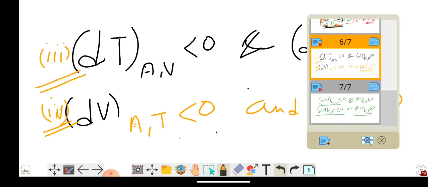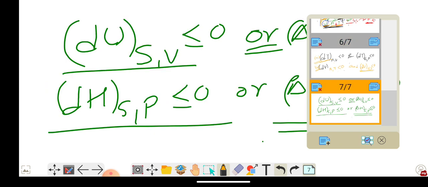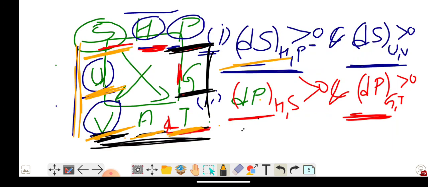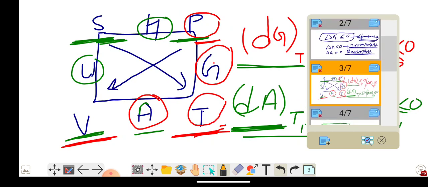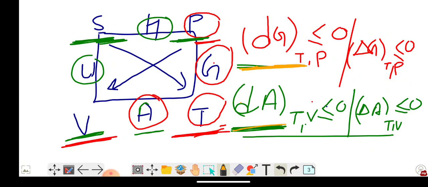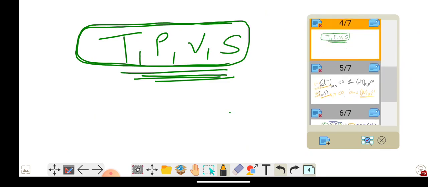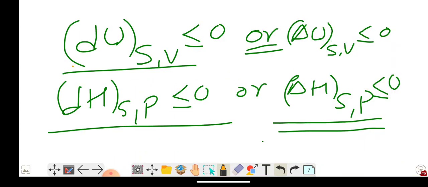So we have these four spontaneity criteria in terms of dT, dV, dS and dP, the four thermodynamic parameters, and also we have spontaneity criteria in terms of thermodynamic potentials, that is dG, dA, dU and dH.